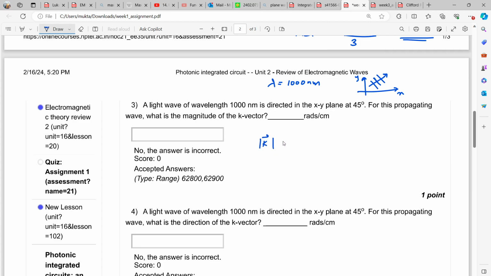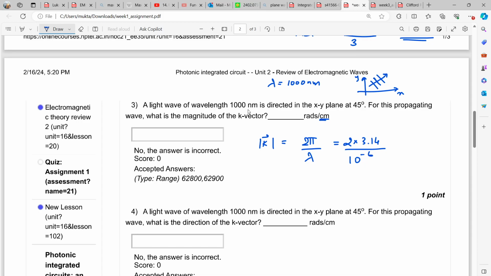So we know that the magnitude of the k vector, just like we discussed right now, is nothing but 2 pi over lambda. Since they have not specified the medium, we'll just assume it to be vacuum. So that is 2 into 3.14 upon 10 power 3 into 10 power minus 9. Oh, sorry, they are asking in radians per centimeter.